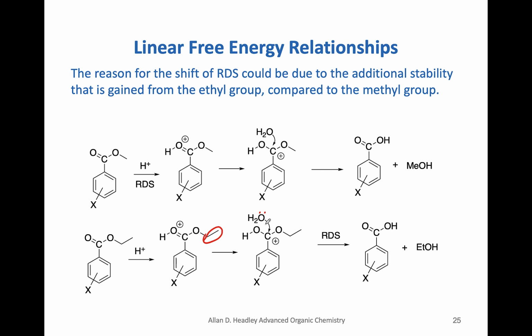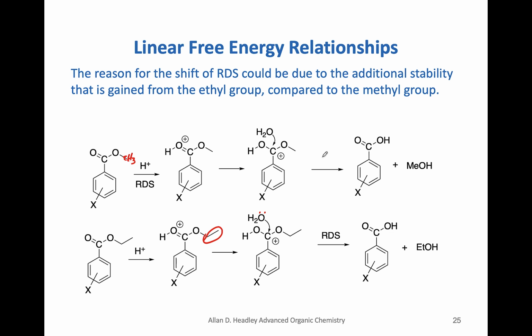Just a rationale for that. Whereas if you have a methyl group here, not electron releasing, remember it's just a CH3, so not electron releasing. So once you have this, this is not stabilized anymore, so this is the end of the reaction.